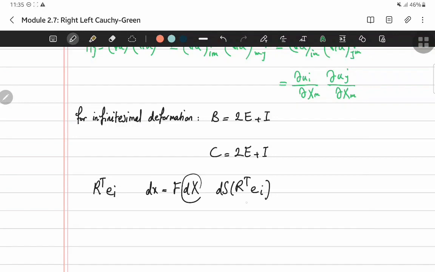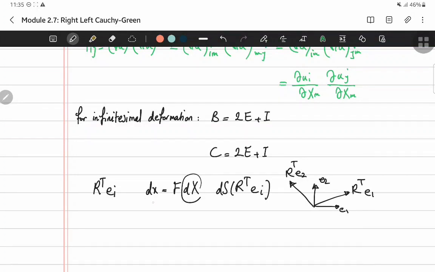And you basically have this E1 and E2, and then you have to rotate it with this orthogonal tensor R, with R transpose E1, for example, here, and R transpose E2, and then you find dx.